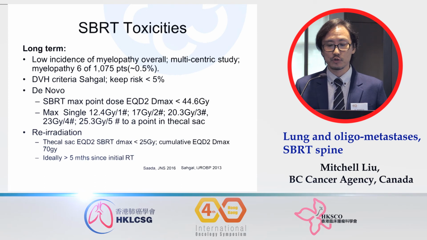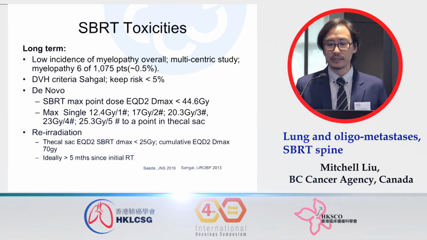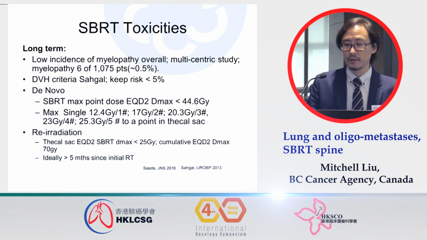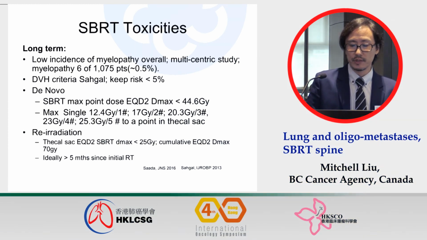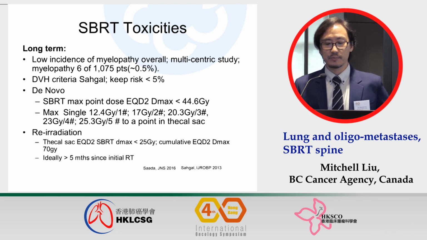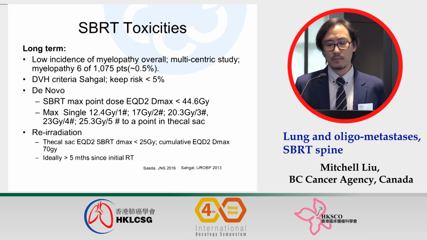Essentially, for first round treatment, you should try to keep the EQD2 dose to the spinal cord or the thecal sac to less than 45 grays. And for retreatment, the rule is that you should keep the thecal sac dose or the spine PRV dose to less than 25 grays, while keeping the cumulative EQD2 Dmax to 70 grays or less. And there should be enough time gap between the previous radiation treatment and the SBRT treatment, optimally more than 5 months.